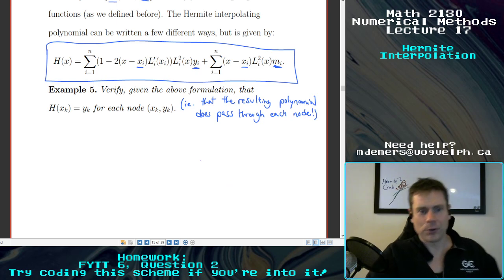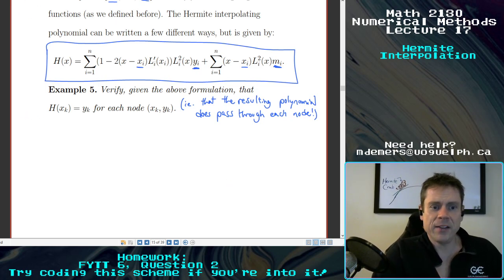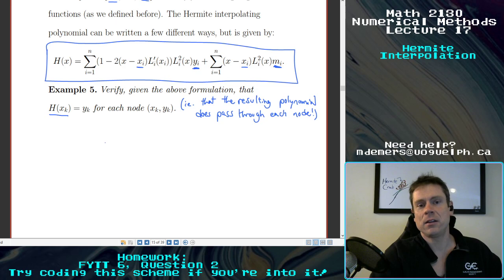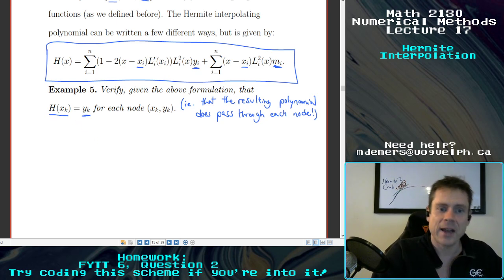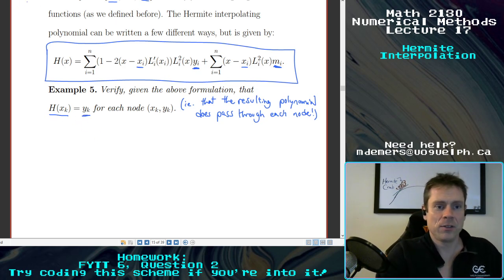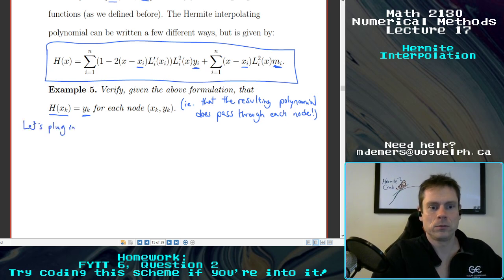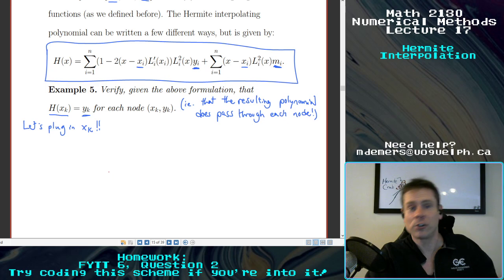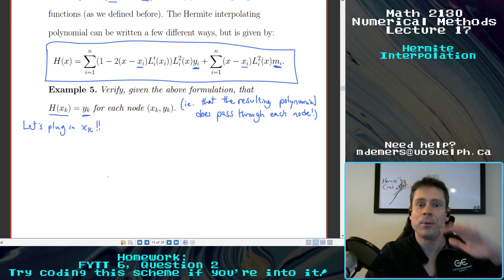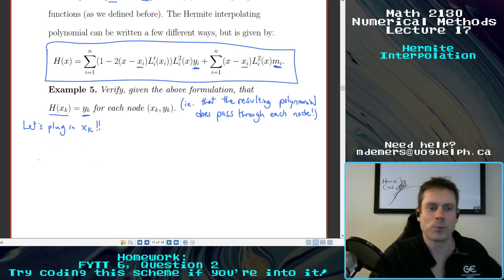Okay, so we need to make sure that if I plug in xk, we get out yk. So let's plug in xk. It looks intimidating, I'm not going to lie, but based on the definitions of those Lagrange basis functions, we're going to be able to make some things melt down pretty quickly.